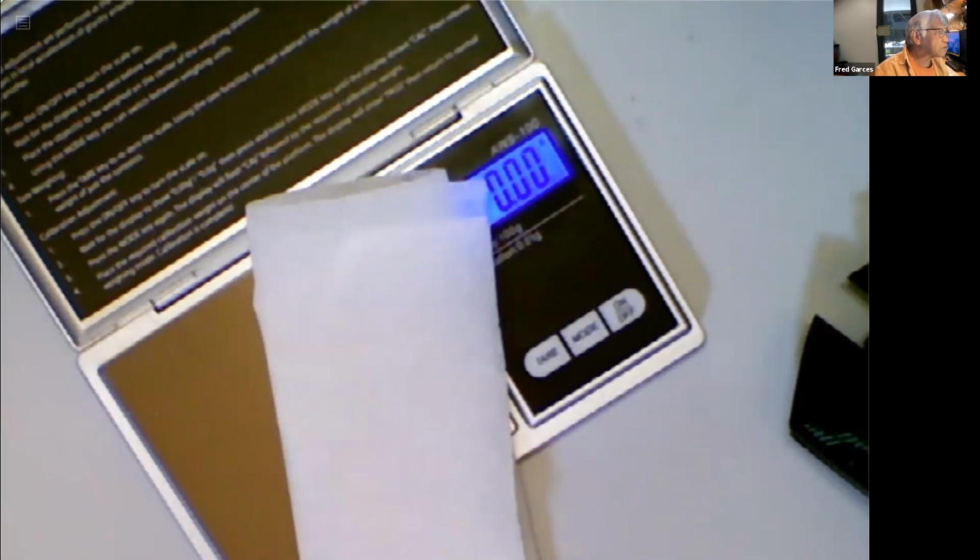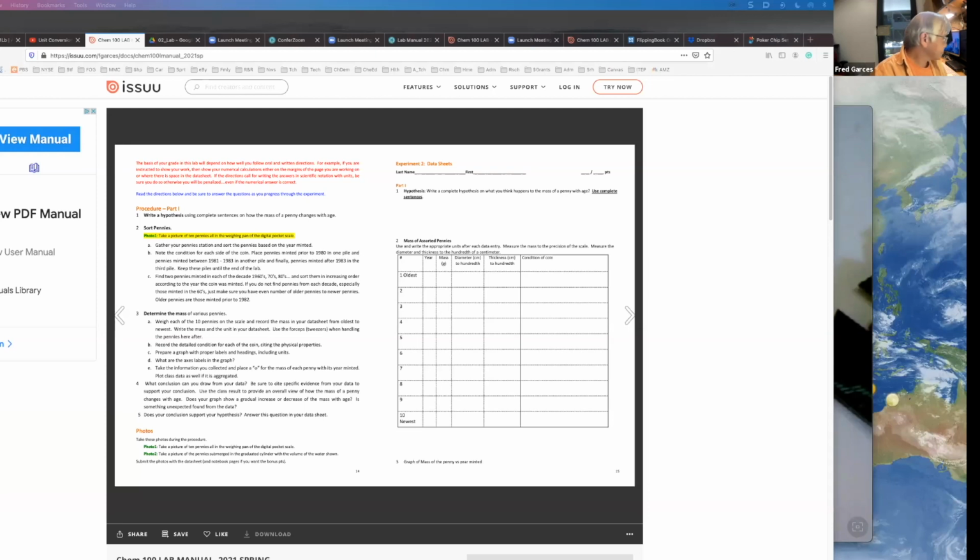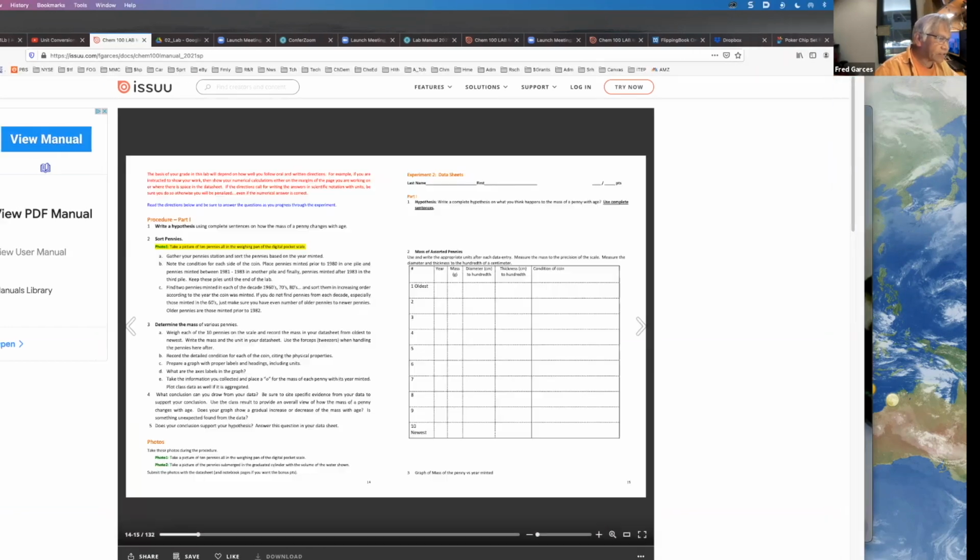So let me just go to the lab book. You can see in the lab book here, let me blow this up, that's the data that you guys are going to be collecting.